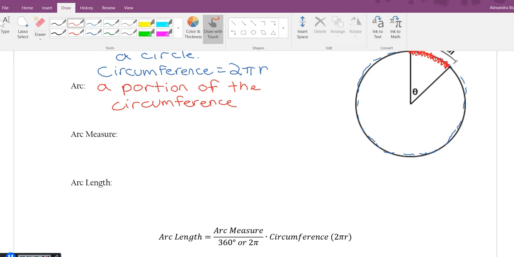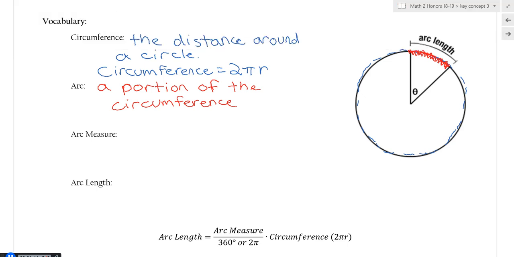Then we have what we call arc measure. And the measure of your arc is the angle, really. The measure of what we call the central angle.